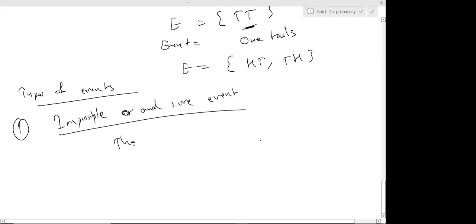The empty set phi is called an impossible event.